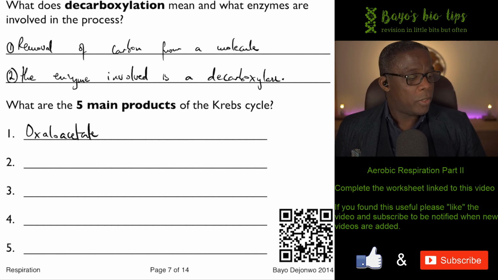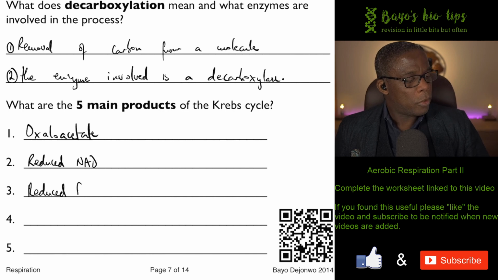So it regenerates the oxaloacetate, which can then recombine with more acetyl coenzyme A in the future. You also produce reduced NAD and reduced FAD, and we'll talk about what those stand for later.